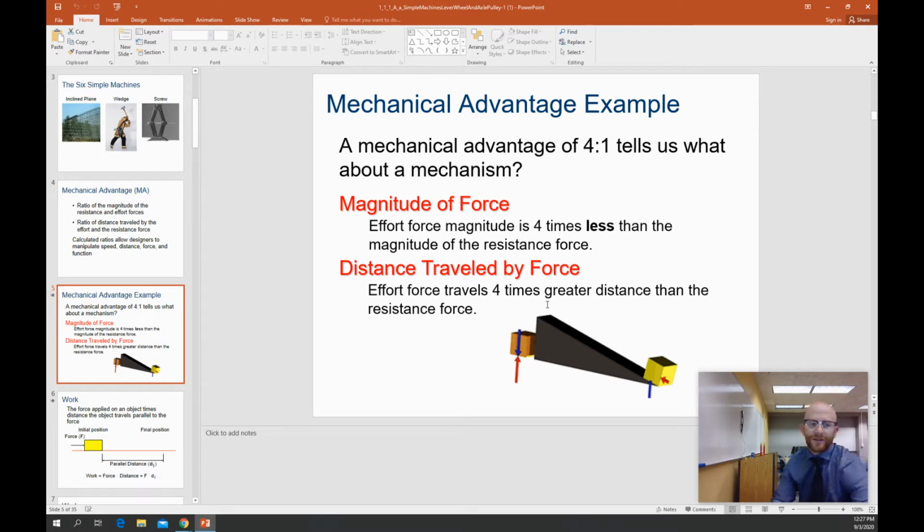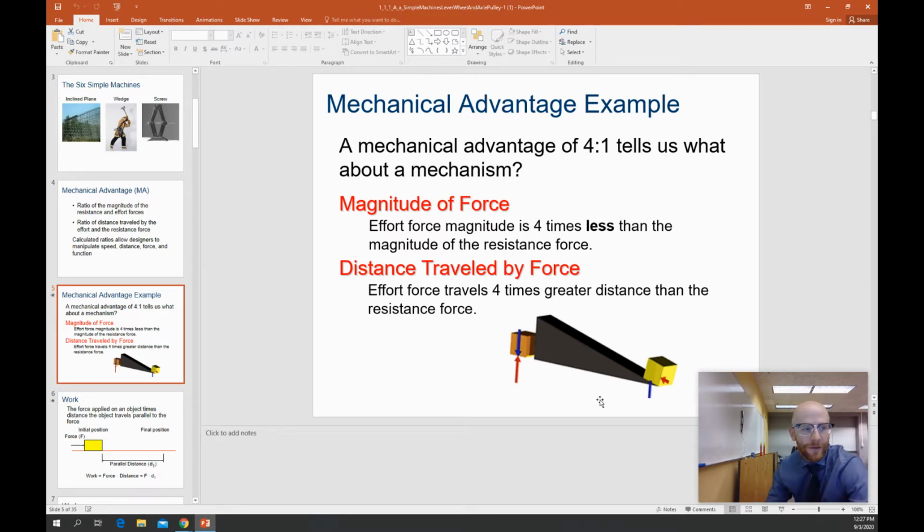In this case, let's say that distance is 3 feet. We have to move this heavy box up here. Well, this is 3 feet, and the ramp right there is 12 feet. So that means it's 4-to-1 mechanical advantage.